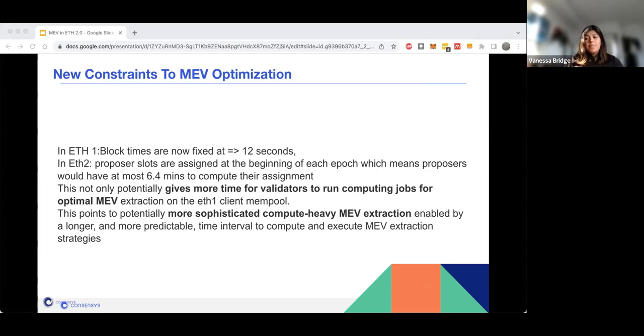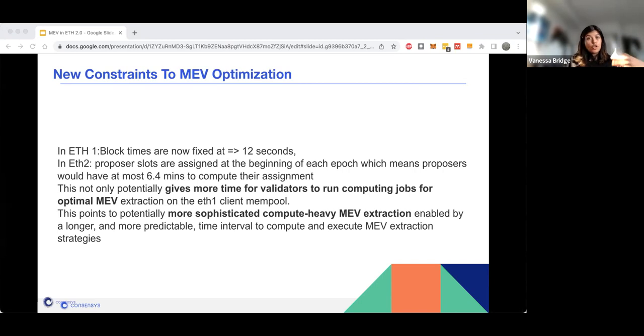So all that time and that fixed ordering will probably create opportunities for people to work together, perhaps. Validator pools could use the resources and know that in certain fixed block times, they will be the ones adding transactions, creating bundles or blocks.